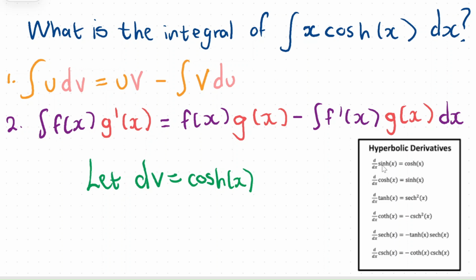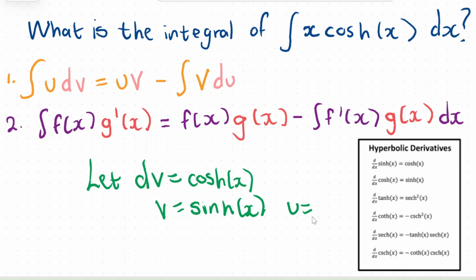And remember what I said over here when we were speaking about hyperbolic derivatives, that if you differentiate something to get this value, then you can integrate this value to get this. So cosh of x would be here. The integral of cosh of x would give us sinh of x. So we can write that down. And so now let's choose our u variables.